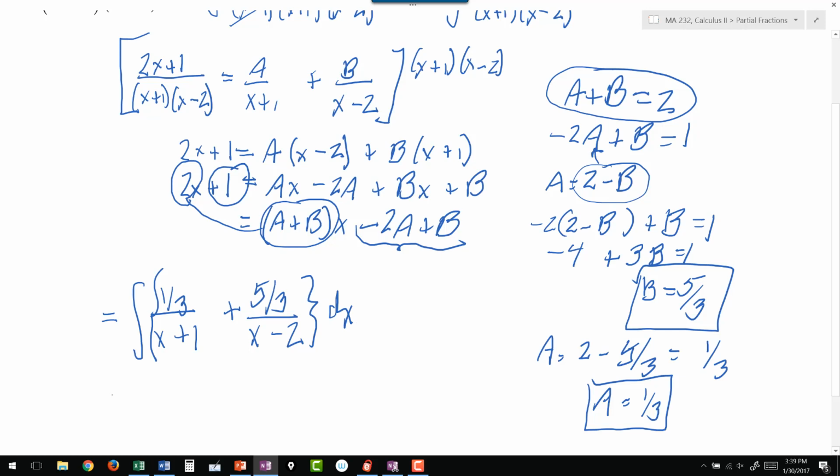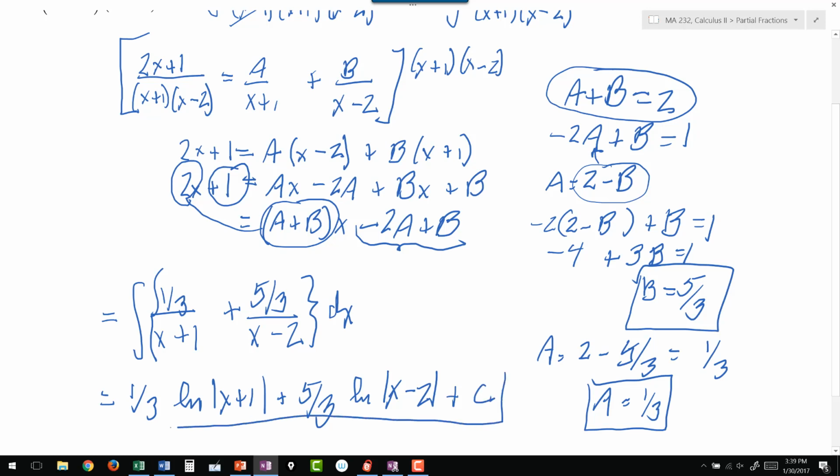And now each of those integrals, if I split it up into 2, those are both natural log integrals. I'll end up with 1/3 natural log absolute x plus 1 plus 5/3 natural log absolute x minus 2 plus a constant, and that should finish the example.